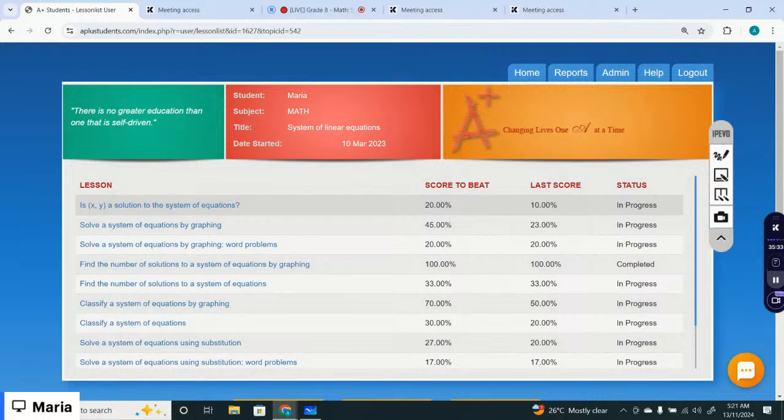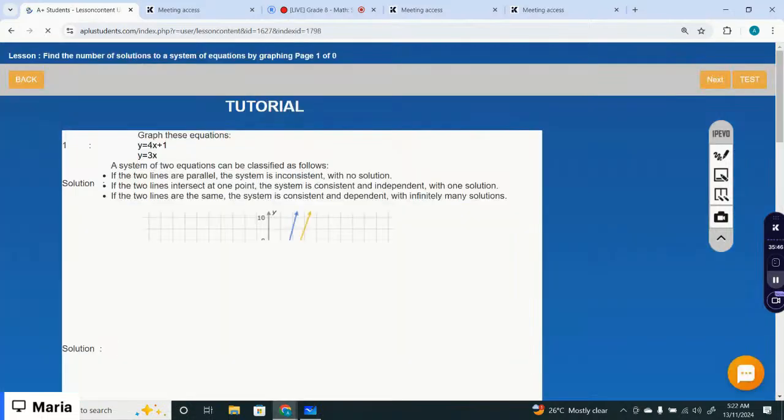Okay, the next lesson is, you can do the word problems on your own. The next lesson is find the number of solutions to a system of equations by graphing. Let's just start with the next lesson.